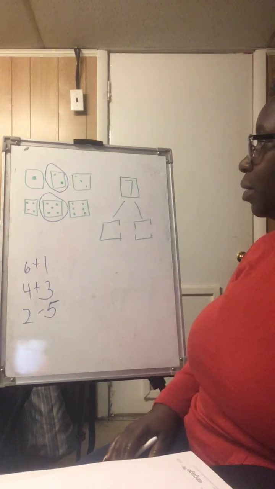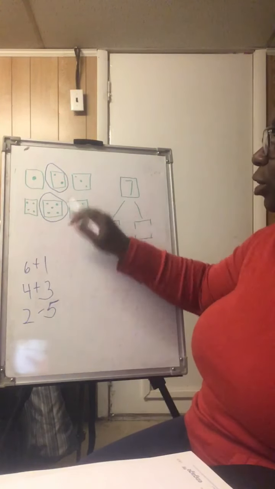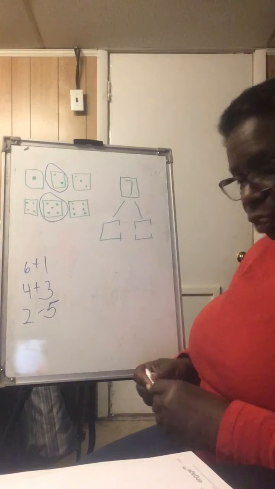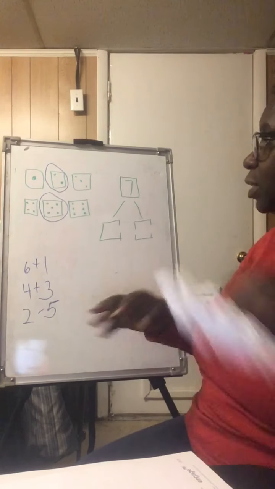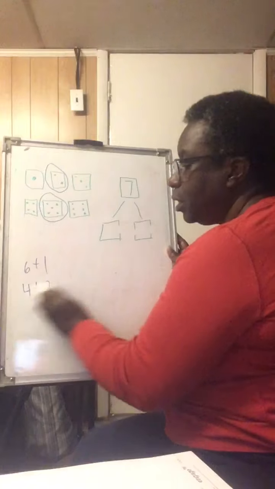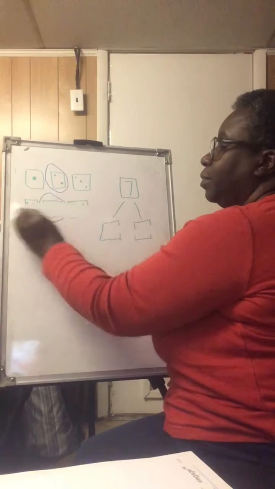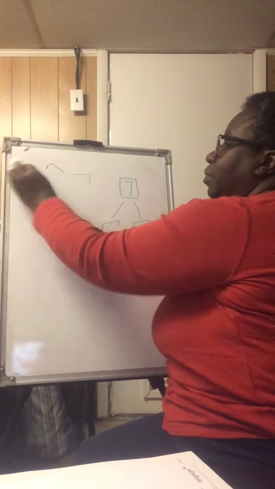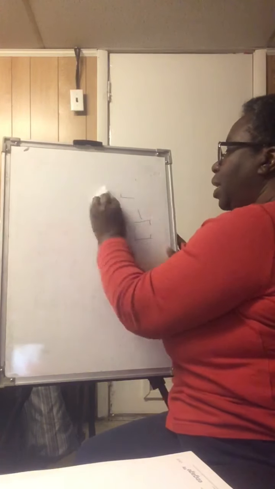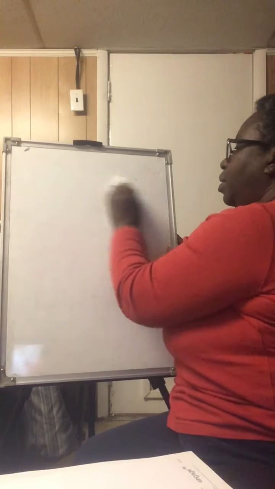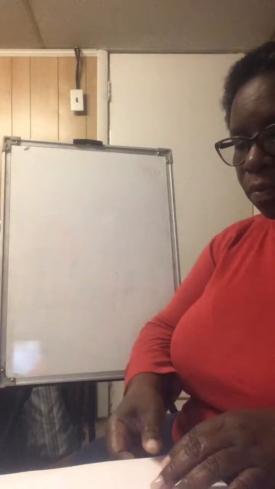Okay. So whatever 2 you use, make sure you use them for all of your sentences. So that's how you work the second page of your math sheet. Okay. That's how you work your second page.